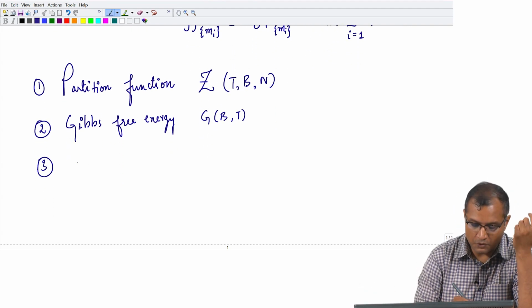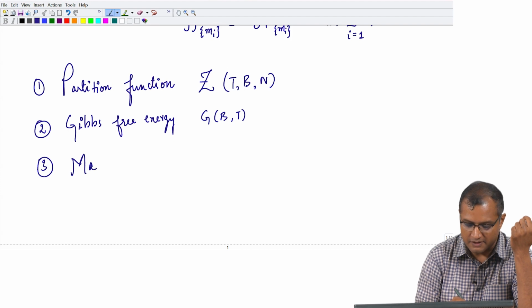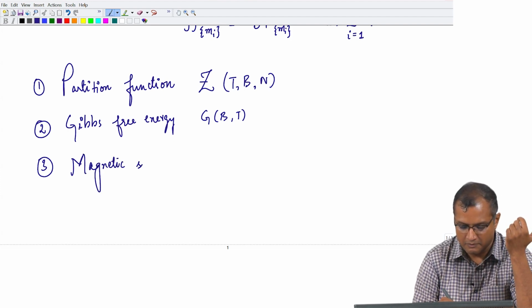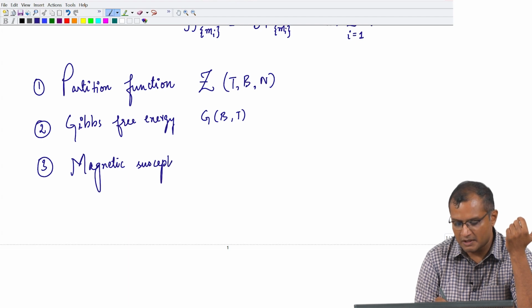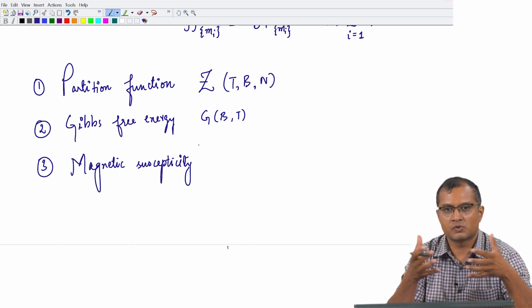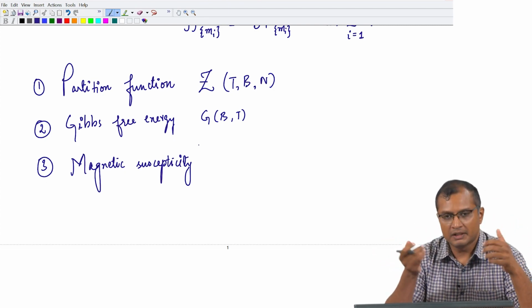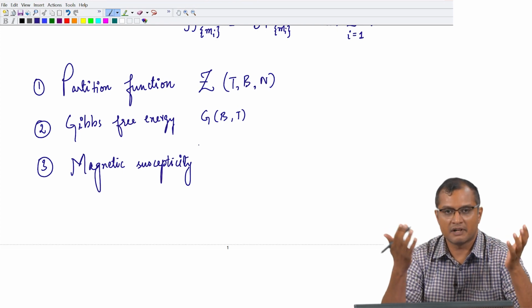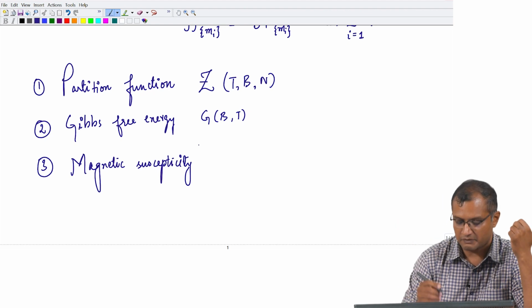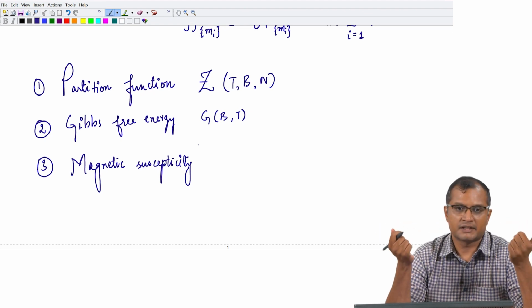You can, for example, compute what is the magnetic susceptibility of the system. This is a quantity that will depend on the system, whether it is close to a phase transition or not, and near to the phase transition there will be large values of magnetic susceptibility. It will sort of diverge, indicating a second order phase transition.